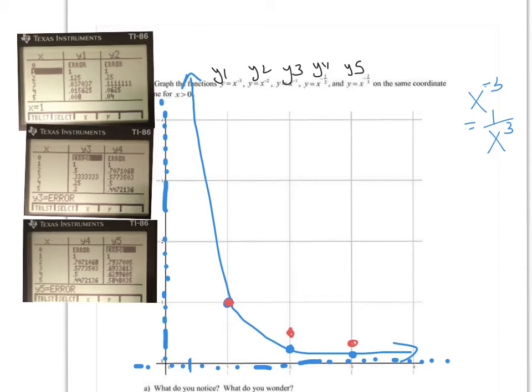I can actually graph that. And then we'll do x to the -1: (1, 1), 1/2. So these values are greater. Let's do 0.5 to the -1. That's 2.